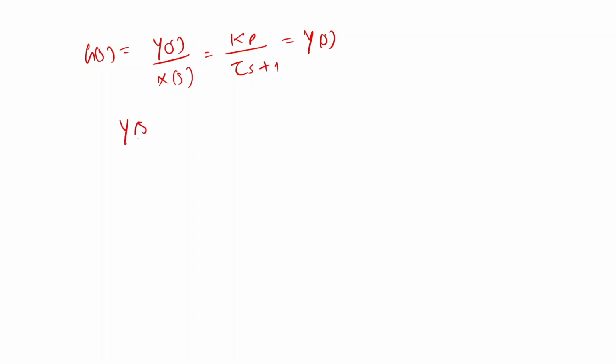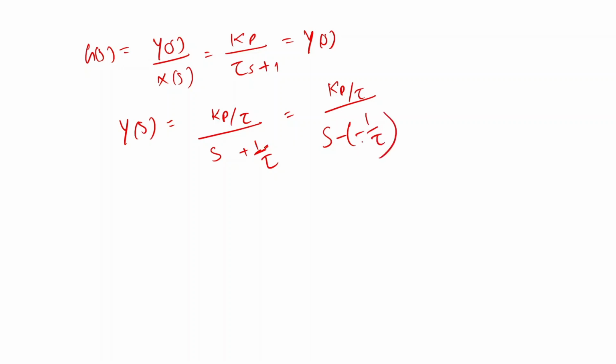That is, we can now write Y(s) is equal to (Kp upon tau) times 1 upon (s plus 1 upon tau), or in other words, you can also write it as Kp upon tau times 1 upon (s minus (minus 1 upon tau)).